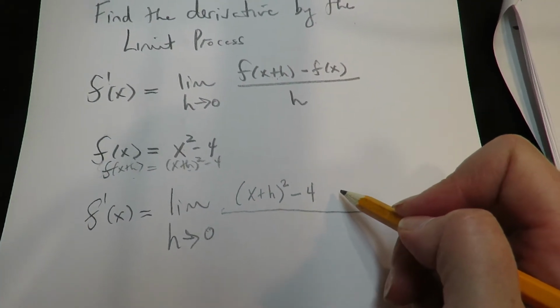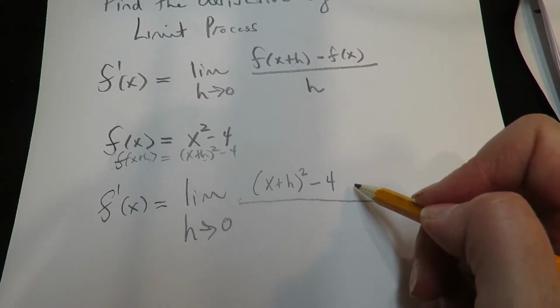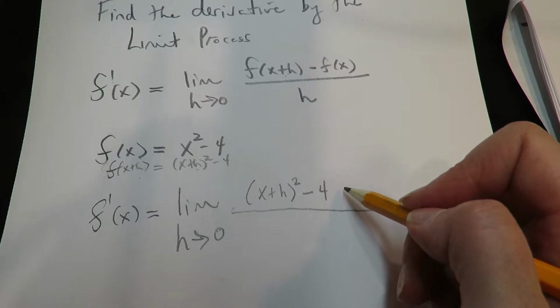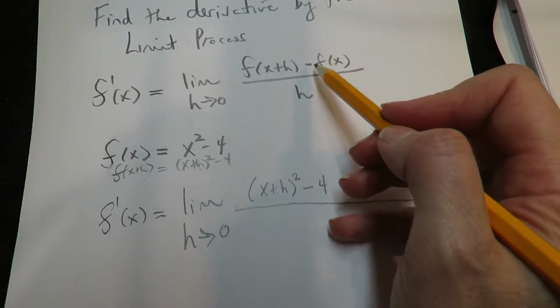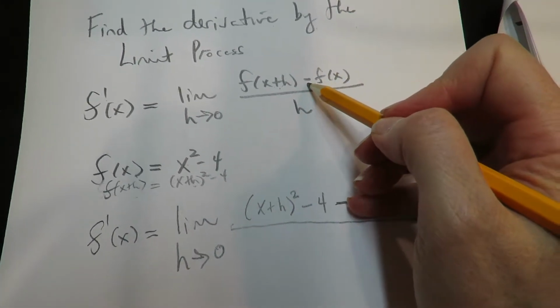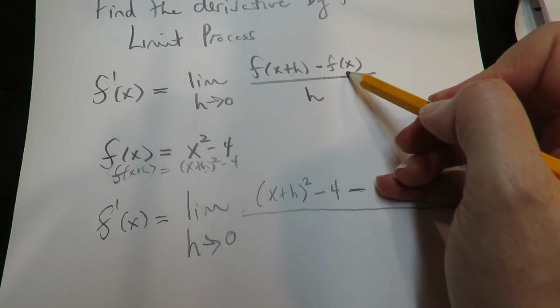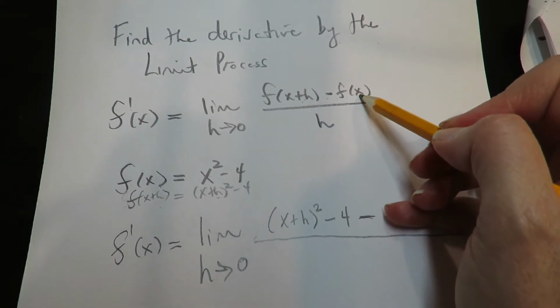Now this is a really popular place, what I'm about to do next, to make a mistake. So please pay attention and try to remember how to do this correctly. So there's a minus in the formula, but this minus is saying subtract all, not part, not half, not just the first guy, subtract all of f.